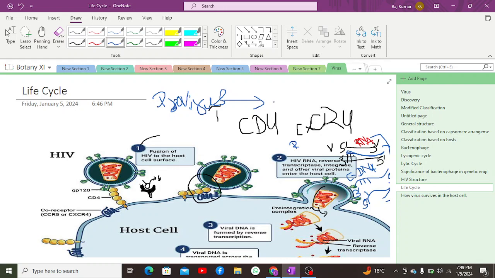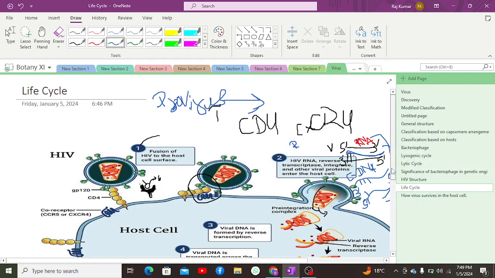It is a virus which at first remains silent for many years, and after 8 to 10 years, it is then able to replicate itself, and once it is able to replicate itself, it spreads all over the body, due to which it's difficult to treat.